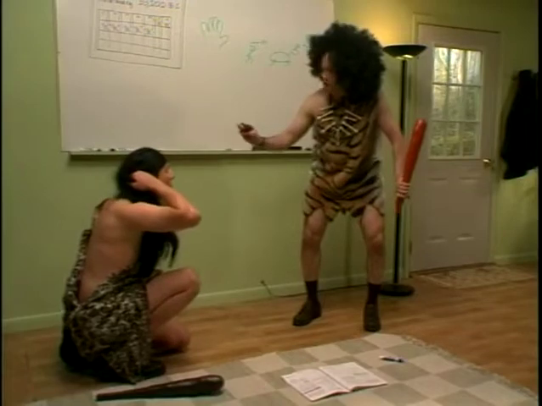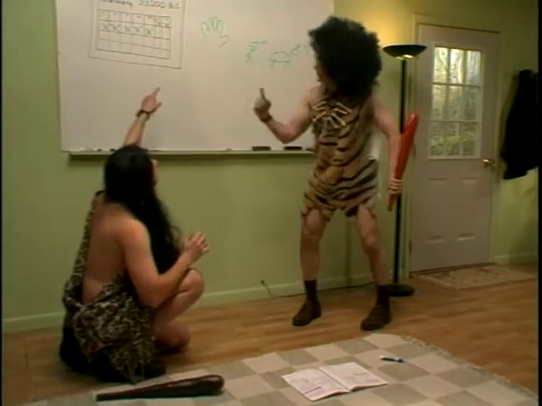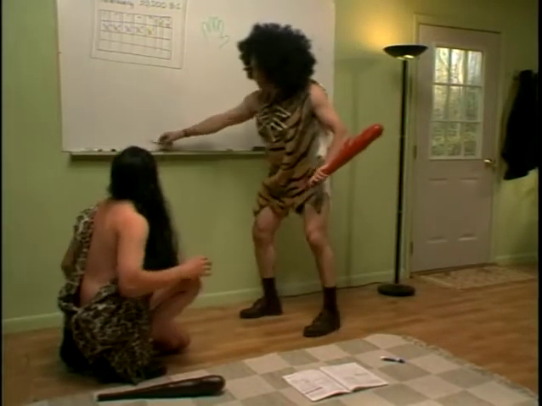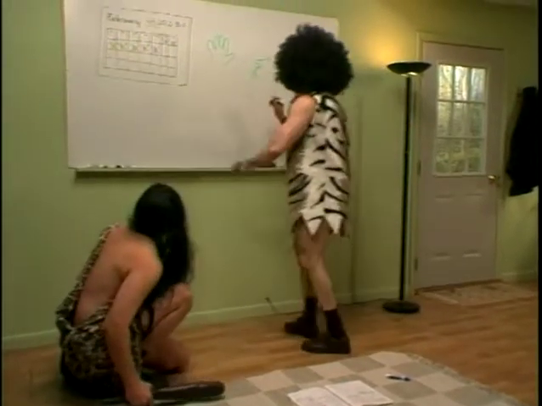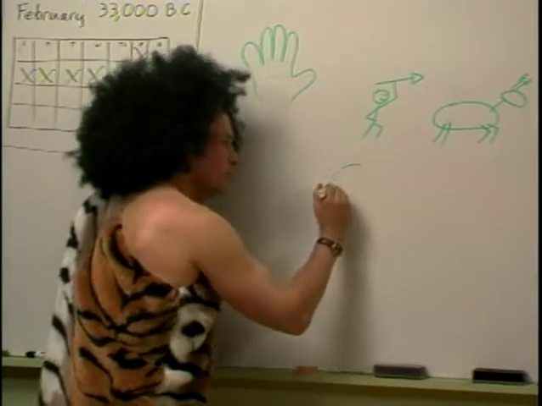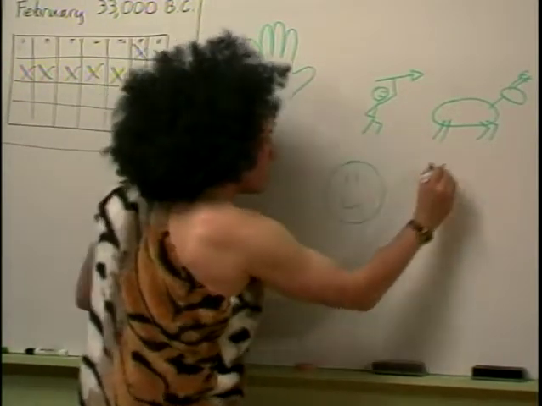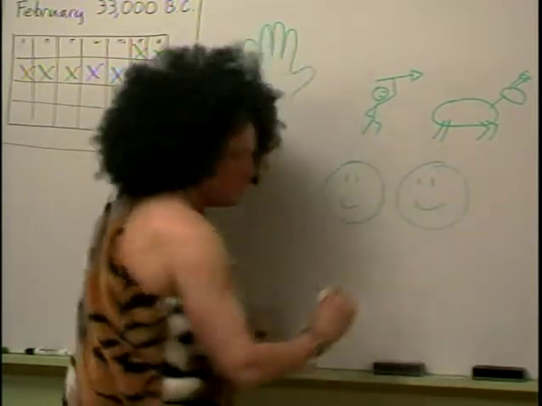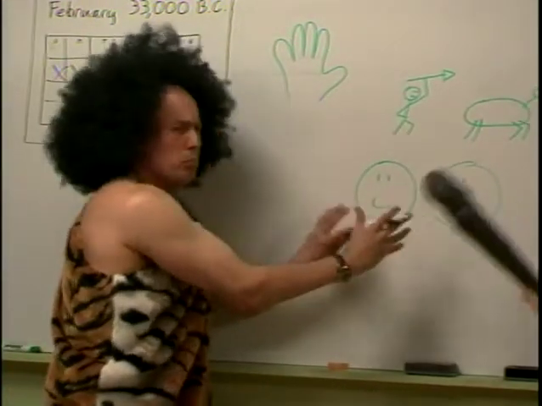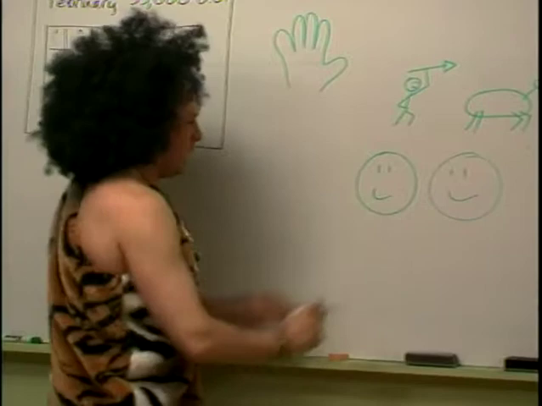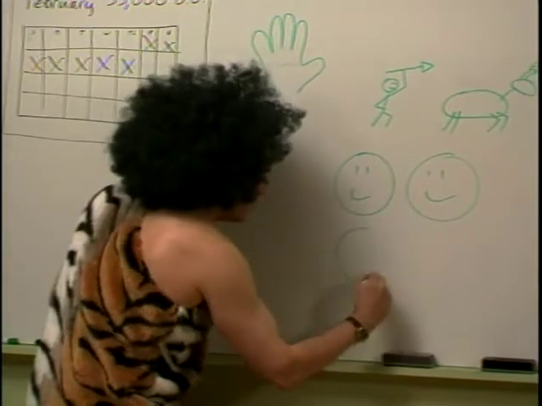Okay. Parasite, make diagram. Mutualism, symbiosis relationship, mutualism, both happy. Yeah, both help each other.